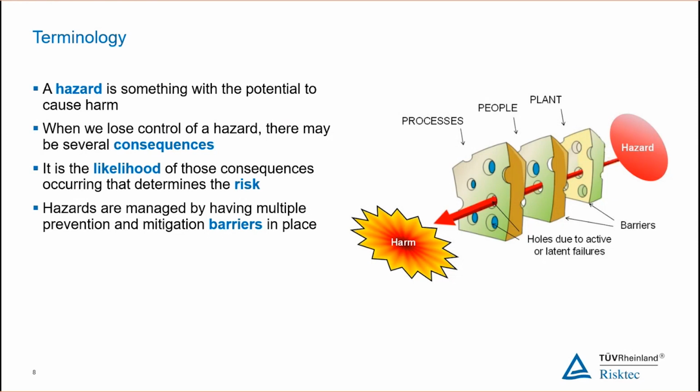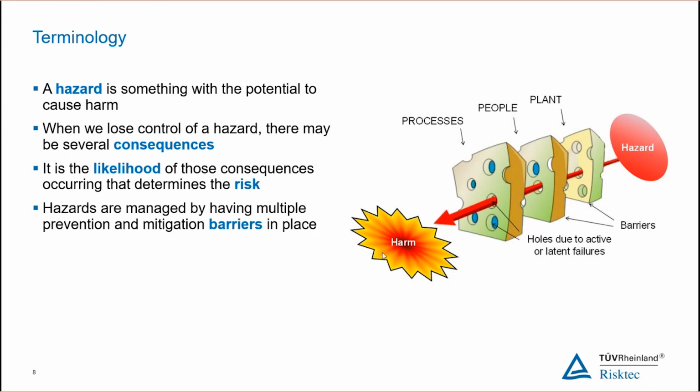Primarily, within the context of building safety, the hazard is the structure and the flammable materials within the building. They have the potential to cause harm. The structural integrity of the building, if not effectively managed, has the potential to cause harm. The likelihood of these consequences, once the hazard has been released and the flammable materials have ignited, determines the risk we have in place. So that gives us this link from the release of the hazard to the potential harm.